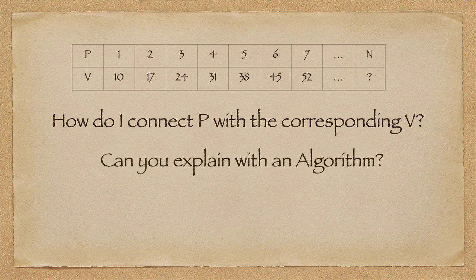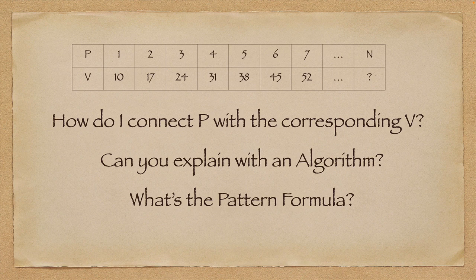Right? So the algorithm for me is I need to multiply each and every position value by 7 because it's changing with respect to 7, and then add something. So the pattern formula in this case is 7n plus 3. Let me take the example of 5. 5 times 7 is 35, 35 plus 3 is 38, and that's the pattern formula.